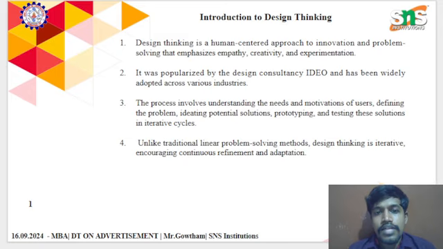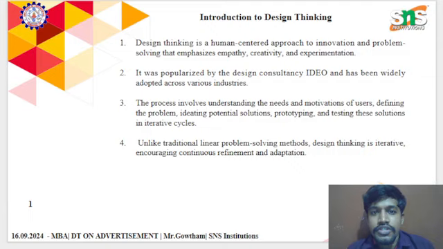Then the process: understanding the needs and motivations of the users, because it is based on their pain points. We should make sense of how it will be resolved by the end of the month or the end of the period.